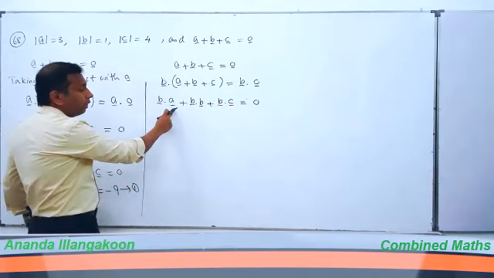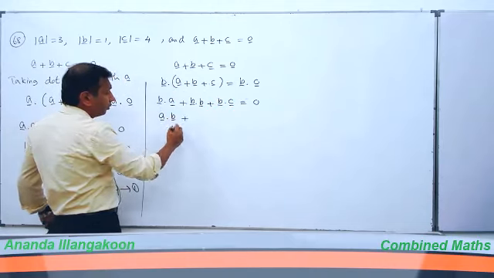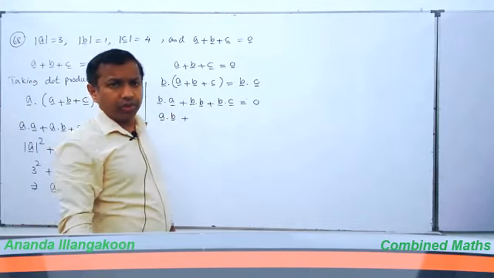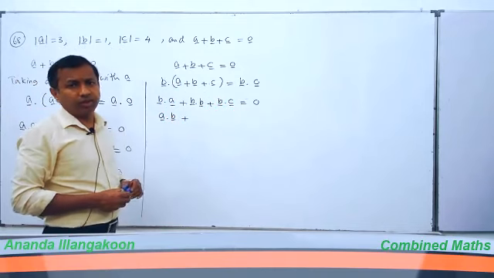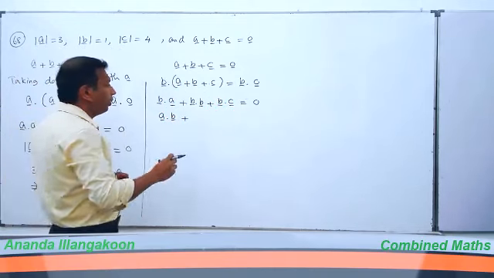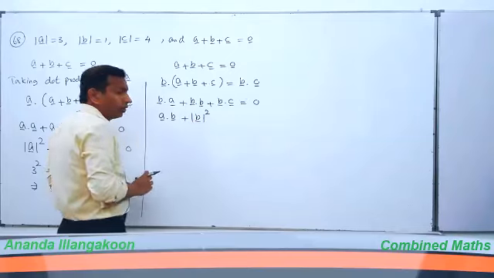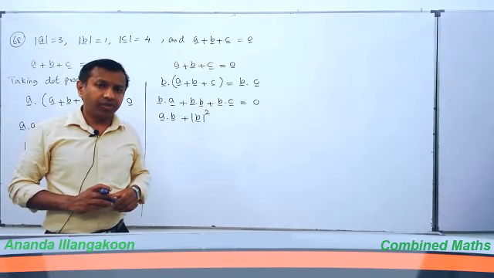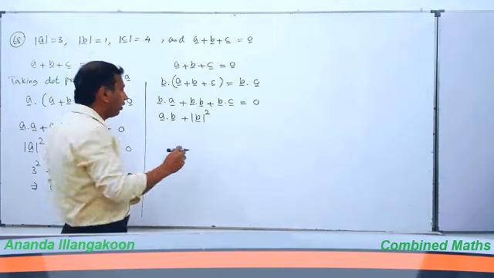People, B dot A is the same as A dot B. We learned one property of the dot product: A dot B is equal to B dot A. When you change the order of taking the dot product of two vectors, the answer won't change. B dot B means what, people? Mod B perfect square, because the dot product of a vector with itself is its modulus perfect square.